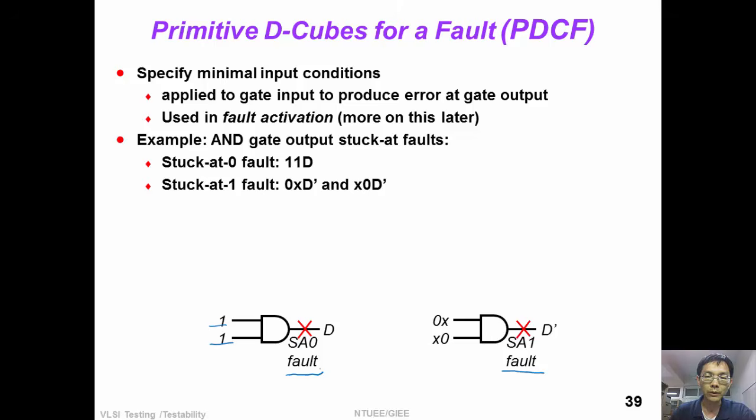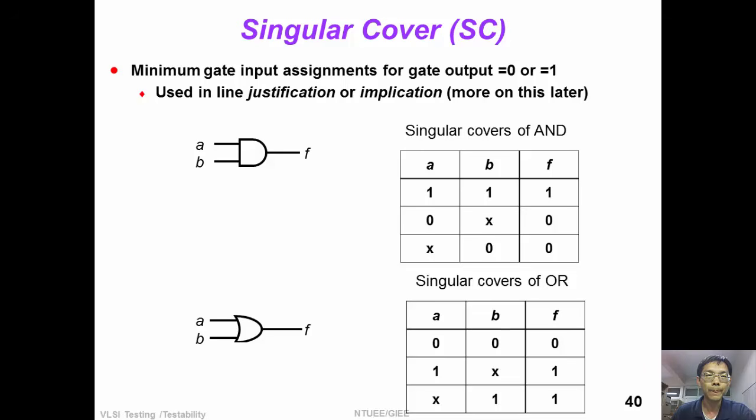Alternatively, if we want to activate a stuck-at-1 fault at the AND gate output, we have two choices. We can either have 0x or x0. They are both primitive D-cubes for this fault. A singular cover, denoted SC, means the minimum gate input assignment for the gate output to be 0 or 1.